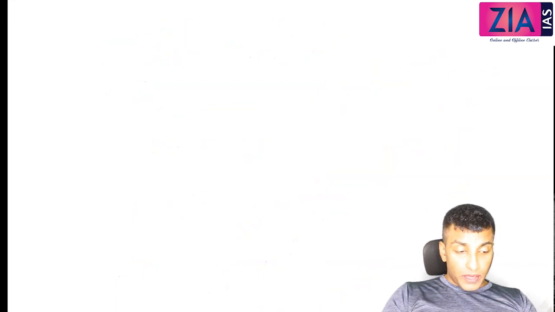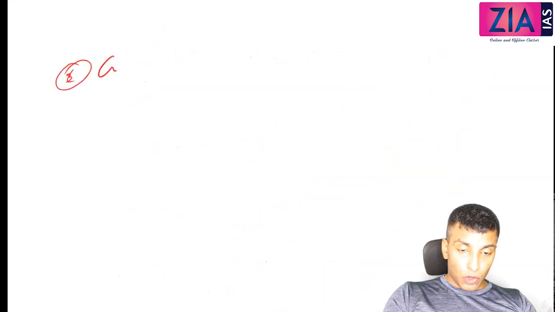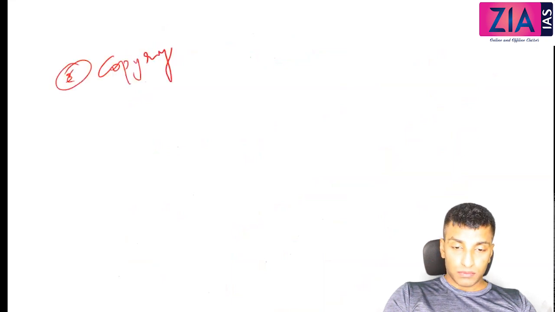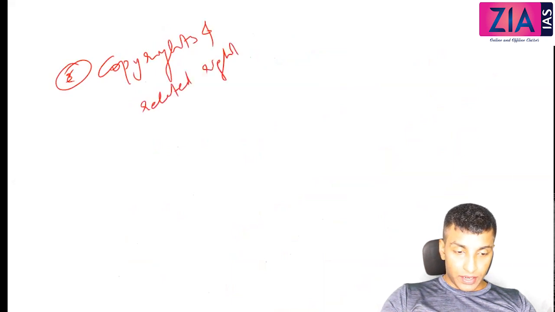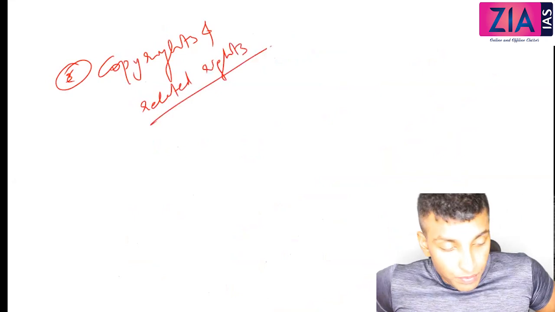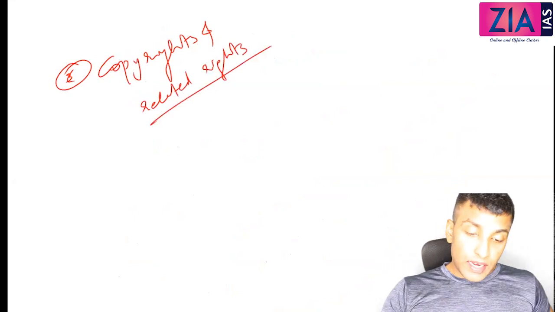Now next is copyrights and related rights. Third one, C, copyrights and related rights. Just write one line.